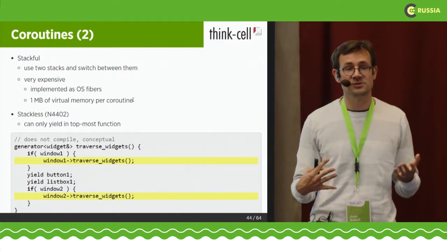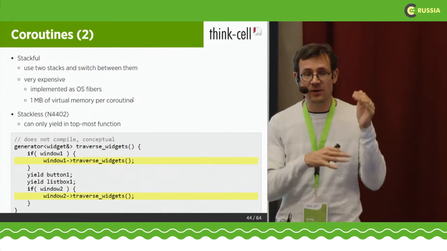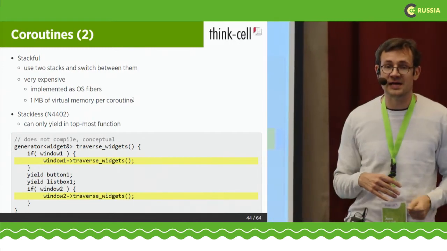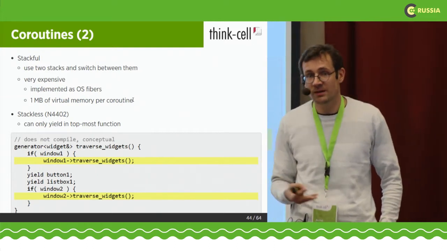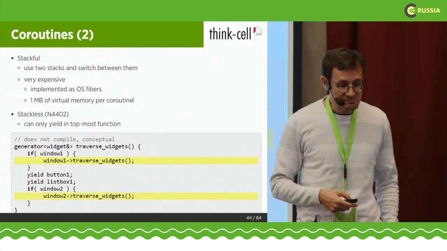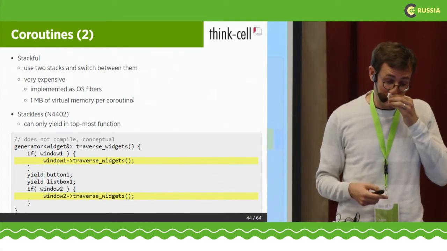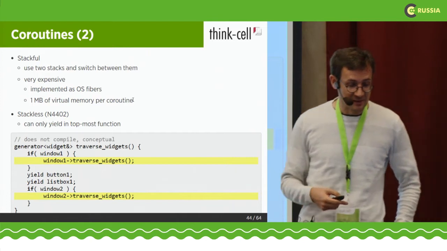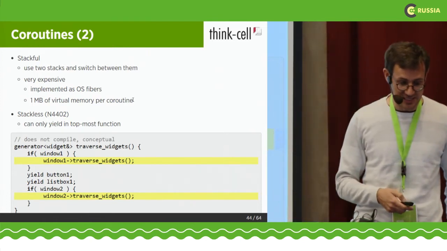Essentially, the compiler knows how much stack a single function will take up and can allocate that as part of your iterator, if you will. That makes it possible to run generators without actually having two stacks.